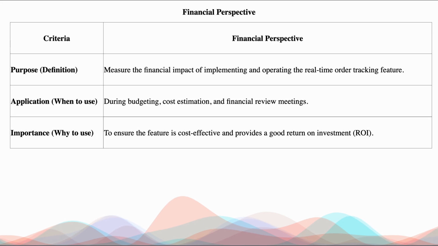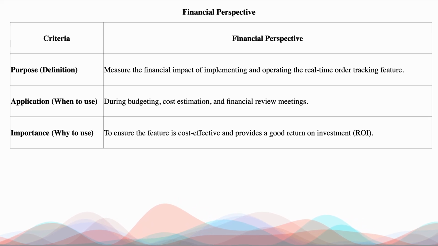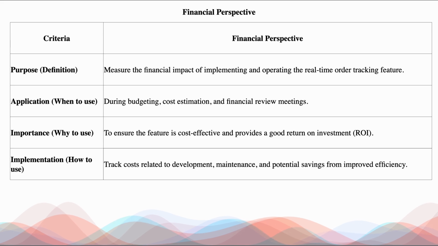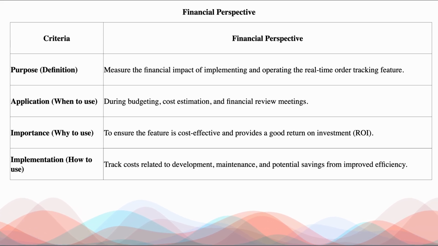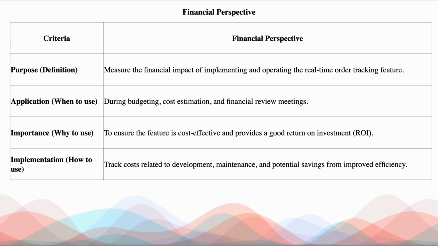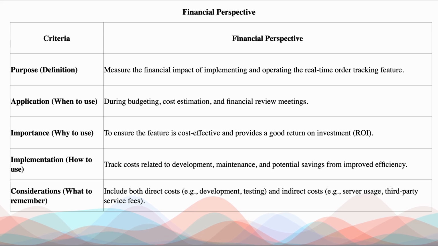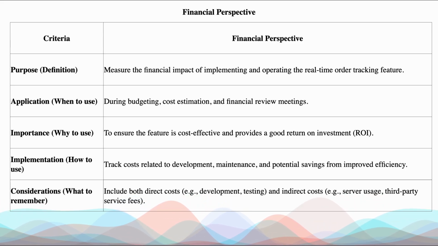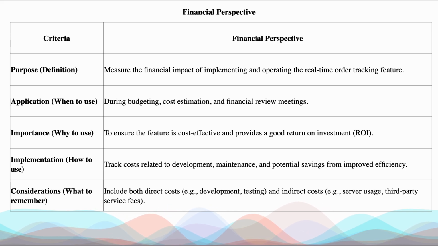So that the feature is cost effective and provides good return on investment. How do we use it? We track cost related to development, maintenance, and potential saving from improved efficiency. What to remember? Include both direct cost, that is development and testing, and indirect cost, which is server usage and third party service fees, so that we are effectively utilizing the cost.